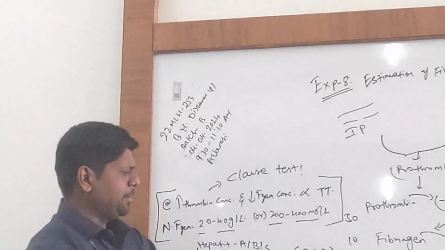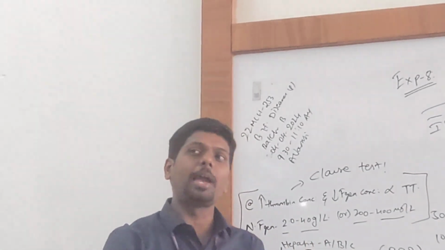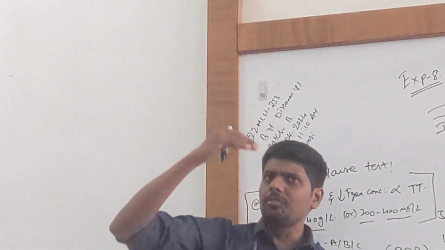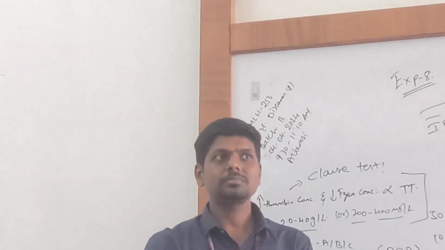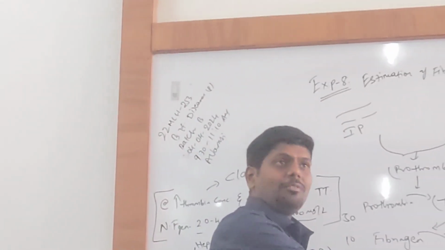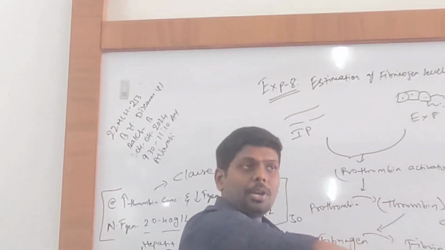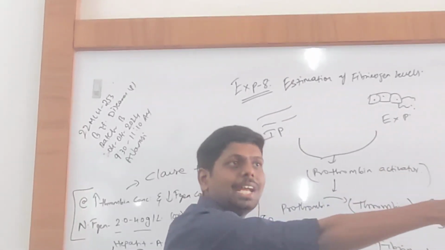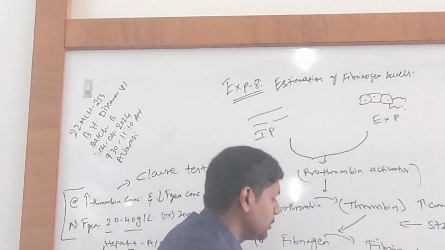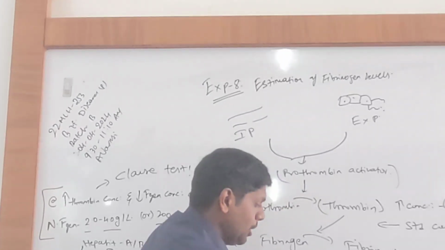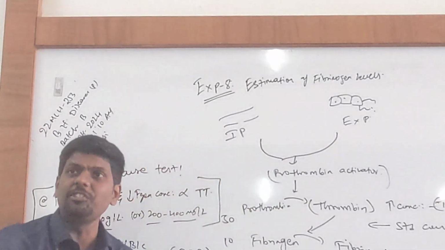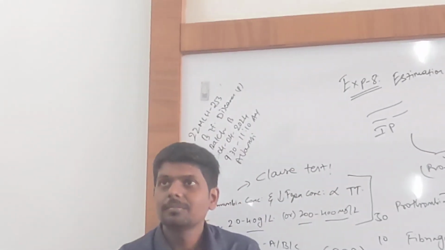And let us see the fibrinogen levels. What happens to the fibrinogen levels? Will they increase or will they reduce? Fibrinogen was converting to fibrin. Fibrinogen was converted to clot. Right? So fibrinogen levels will be reduced in severe DIC condition.